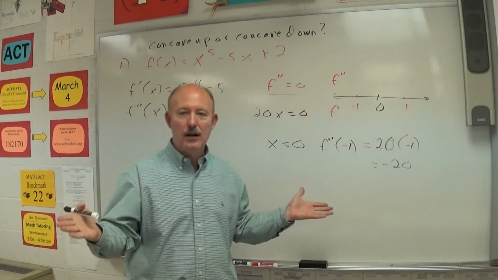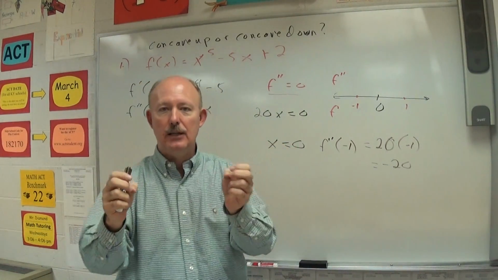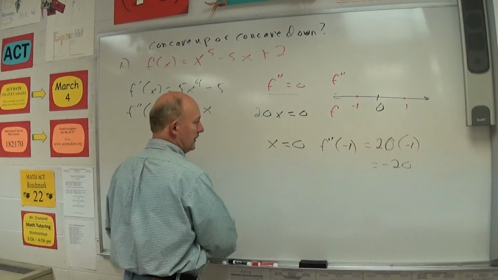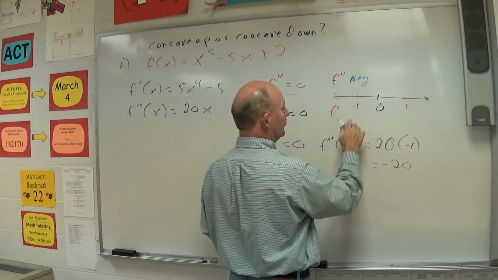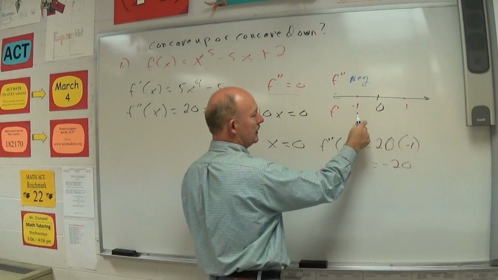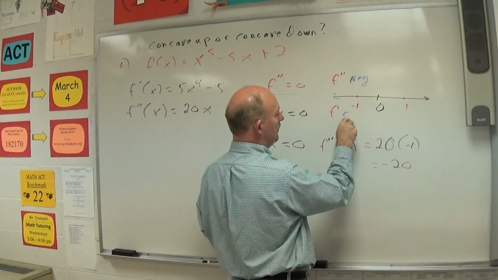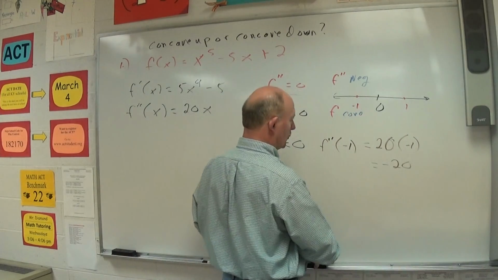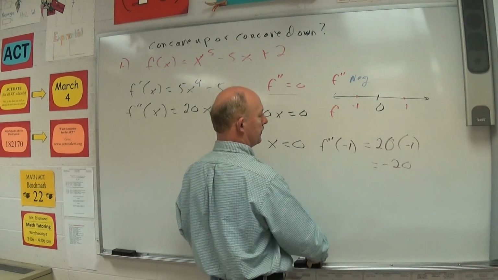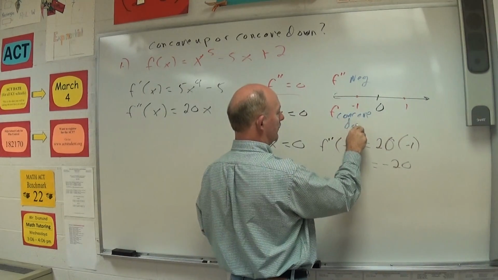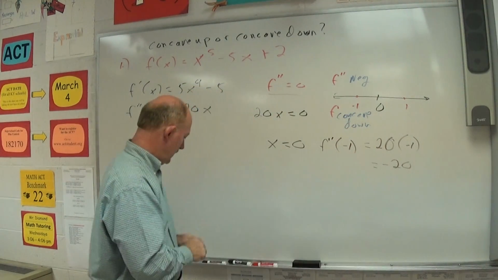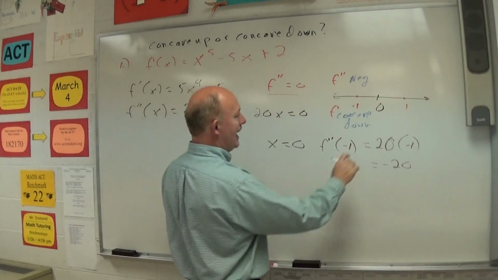The only thing that matters here is the fact that it's negative, because that tells us that the second derivative is negative. So from -infinity to 0, the original function has to be concave down.